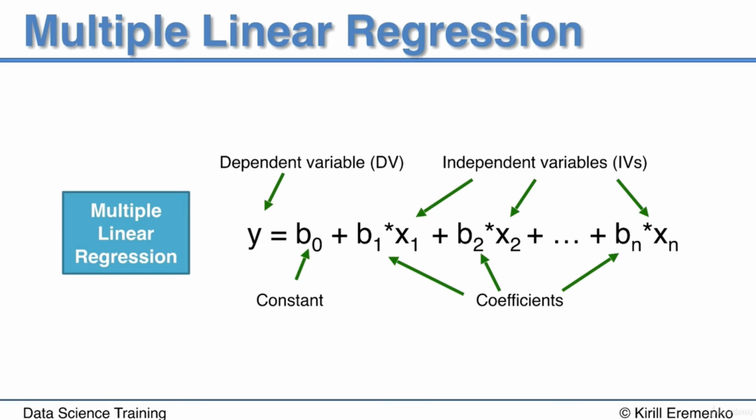Like there is no x0 here. But actually there is. We can associate an x0 to this constant b0. It's actually x0 equals 1. So if we set x0 equals 1, then our multiple linear regression equation becomes y equals b0x0 plus b1x1 plus bnxn.